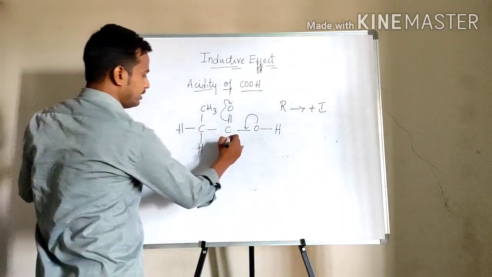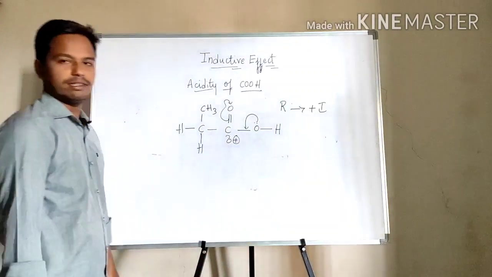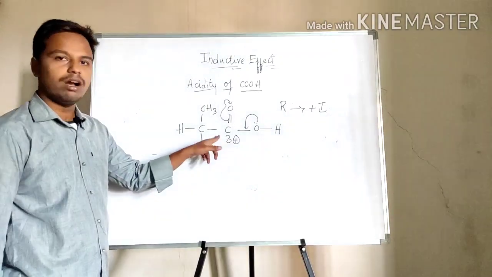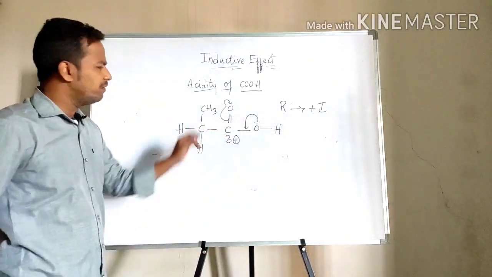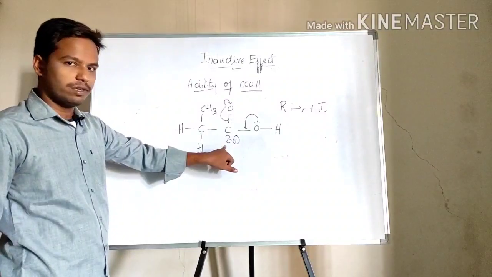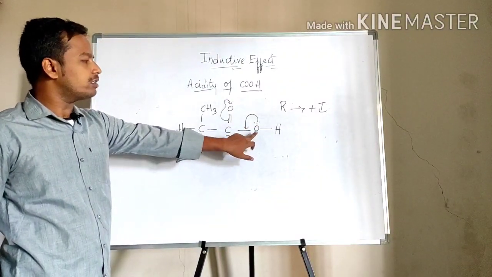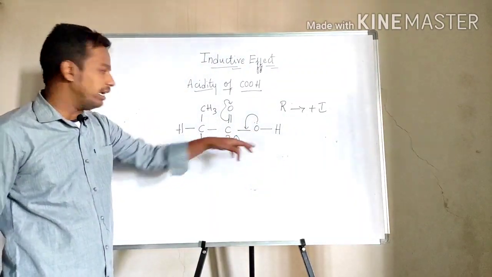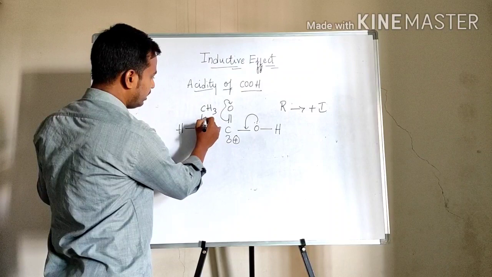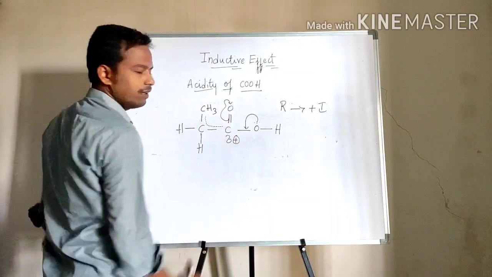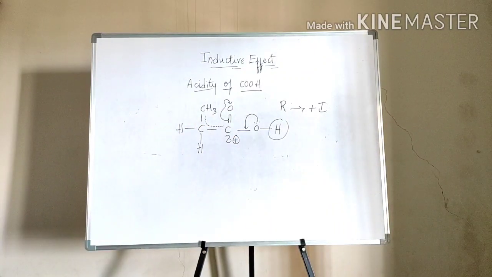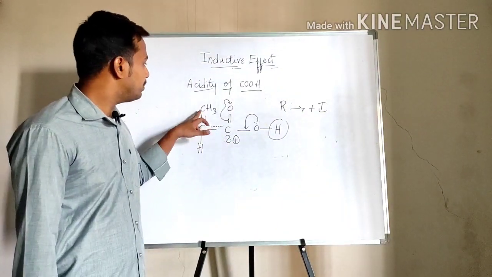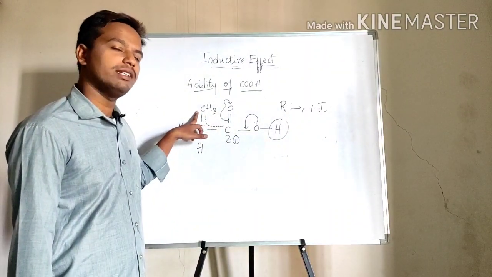Here a considerable positive charge is generated. This positive charge is compensated by this methyl group. If it compensates the positive charge, there is no need for this oxygen to donate electrons. Sorry for the disturbance. So there is a considerable positive charge here, and that positive charge is compensated by this methyl group.